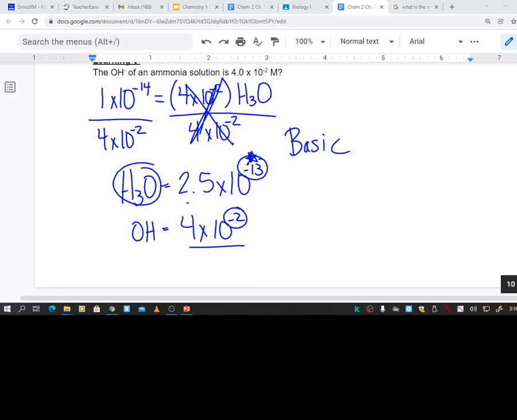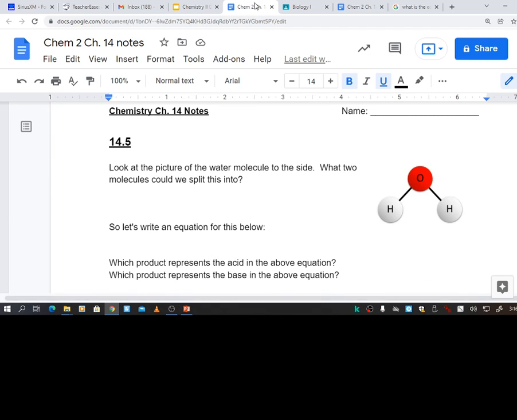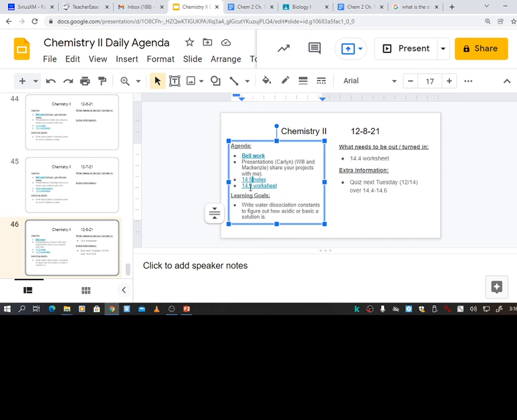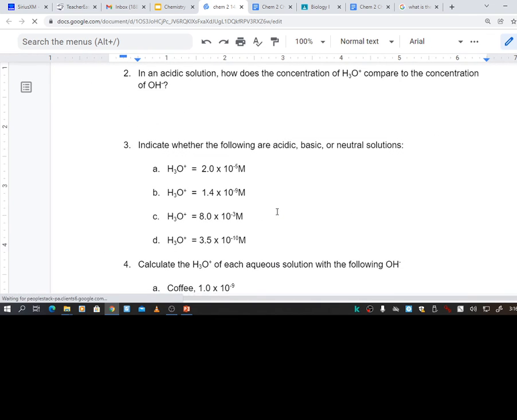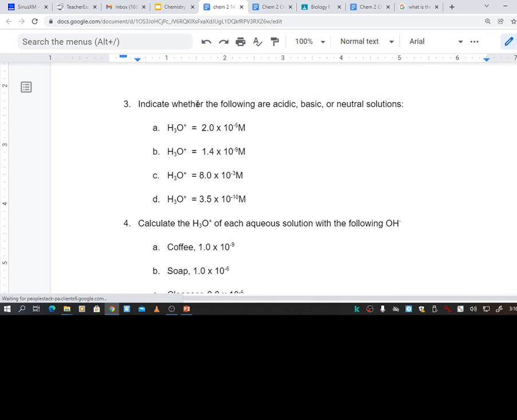All right, so that is how you will then do your worksheet. If you look here real quick, I'll pull it up. The worksheet is doing the same thing. Right here, indicate whether the following are acidic, basic, or neutral solutions. Well, I have to figure out what my OH is. Once I figure out the OH, I can compare: this acid has negative 5, what's my OH?